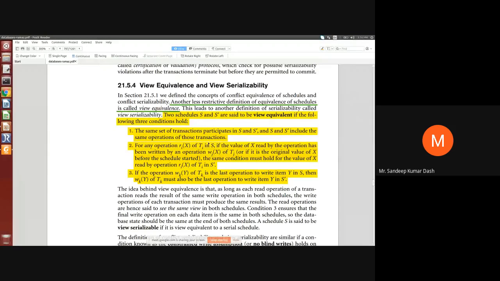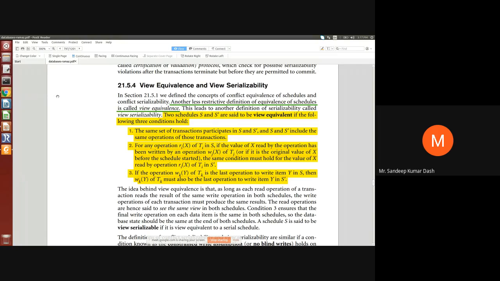That means suppose s is a serial schedule. Okay, in that there are two transactions, say t1 and t2. If in t1 the first operation is r1x, that means t1 is reading the value of x from the database. So in the interleaved schedule s dash, the same transaction t1 should read the value of x. Got?